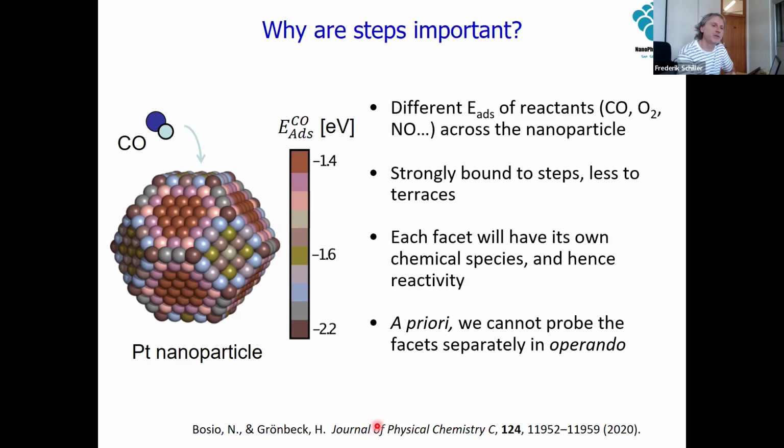In the future, it would be best if theory, for example with artificial intelligence, could predict a catalyzer that is better suited. Here I've shown you we are using rhodium. Let's say we would make an alloy between rhodium and iridium.